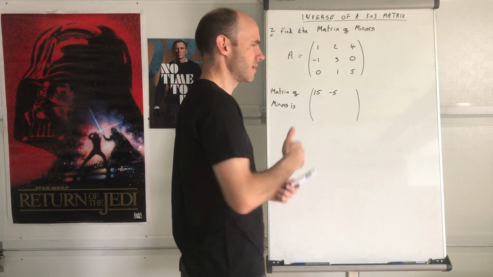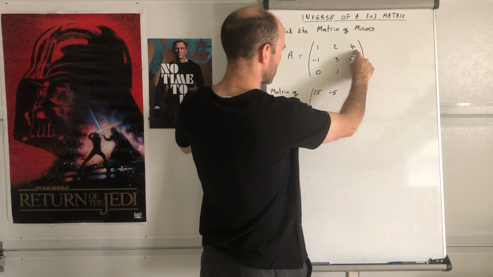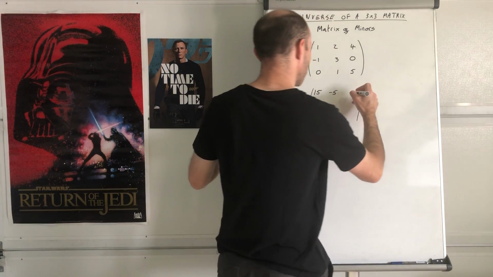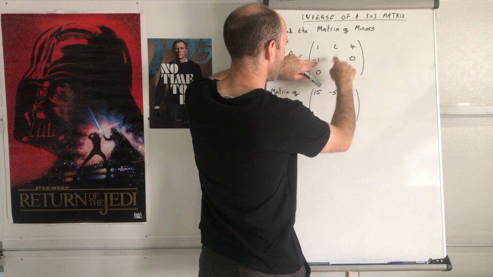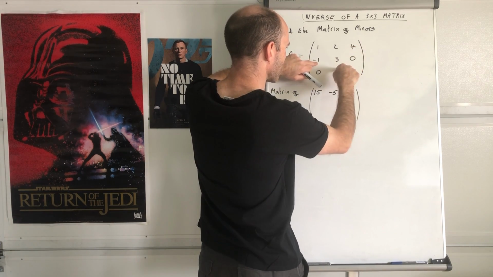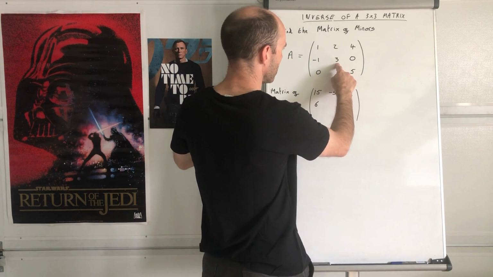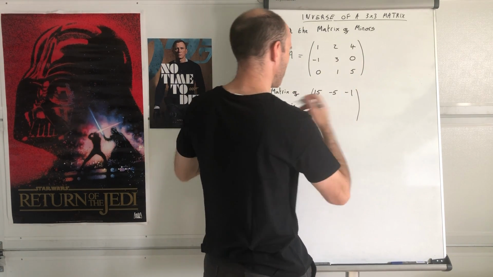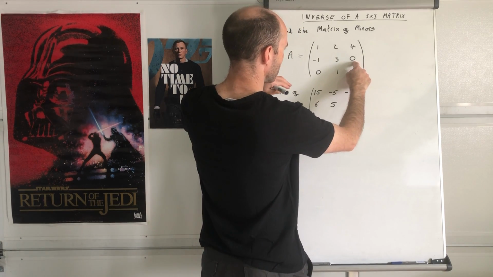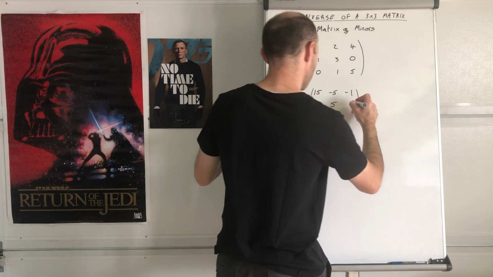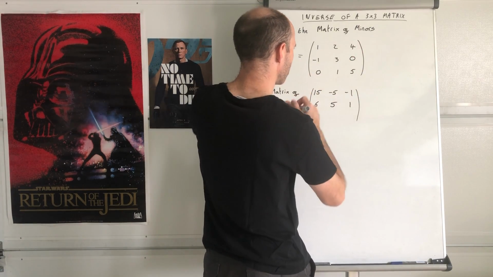Makes our working much simpler. And then 4, it's going to be -1. And then move on to this one here. It's going to be 10, subtract 4, 6. And then this one here, I've already worked that out. It's 5. And then this one here, it's going to be 1. And then this one here, it's negative 12.